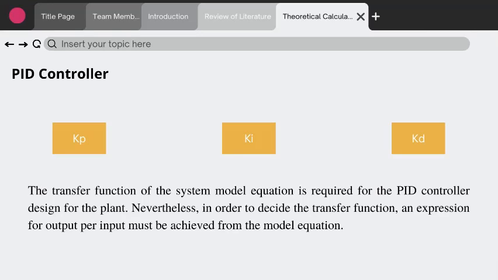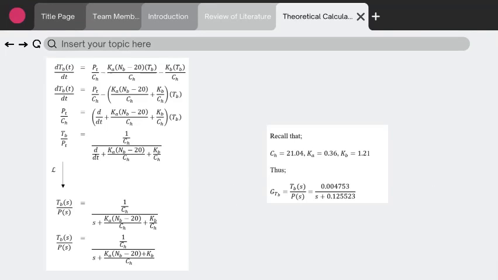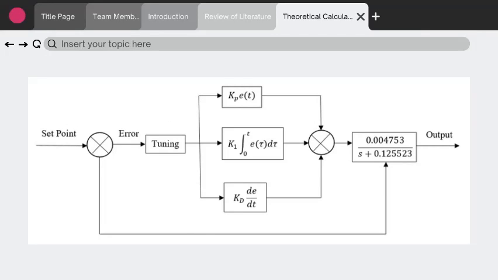Next, as can be seen here is the transfer function for our project. As we can recall, CH is equal to 21.04, KA is equal to 0.36, and KB is equal to 1.21. So in this project, we are focusing on controlling milk pasteurization temperature (TP) that needs to be set higher than 75 degrees Celsius.